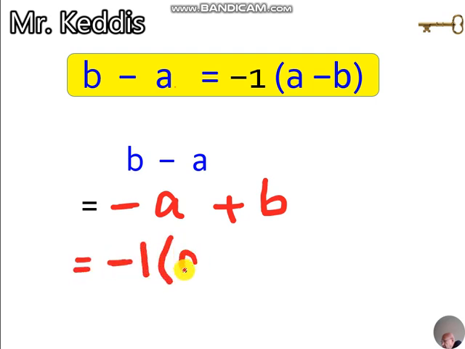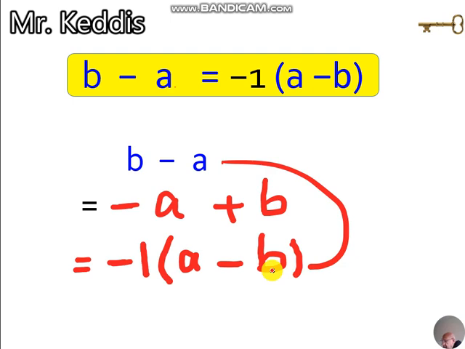Negative 1 times positive a to get negative a, and negative 1 times negative b, I get positive b. This means b minus a is the same as a minus b multiplied by negative 1. To switch b minus a to a minus b, you write a minus b and you multiply it by negative 1.